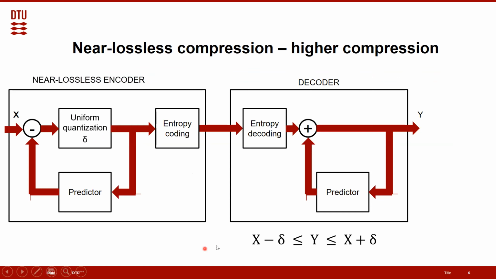With the uniform scalar quantizer on the differences, at the decoder side, reconstructing at the center point, we know that the differences will not be more than delta, where the width of the uniform quantizer, the step size, is 2 delta plus 1.